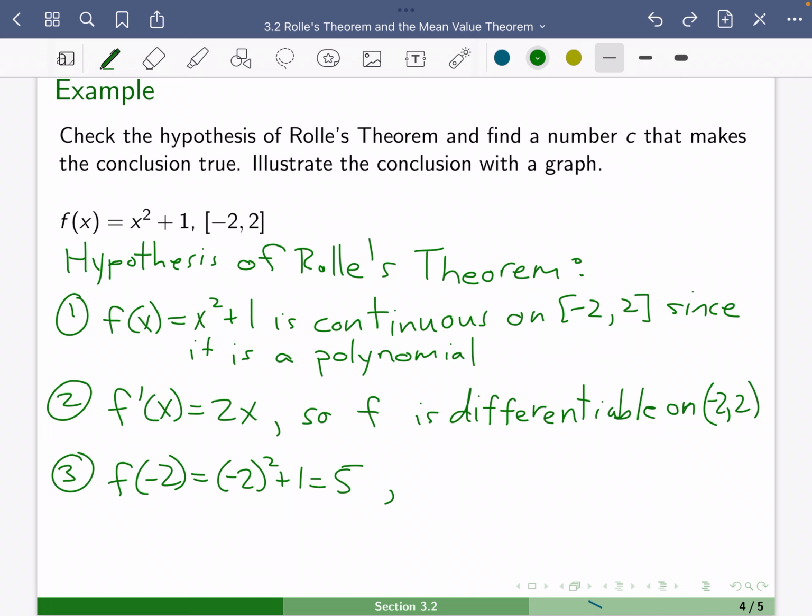And if we plug in the other endpoint, 2, we also get 5. So our function values at the two endpoints are equal. So Rolle's theorem holds.